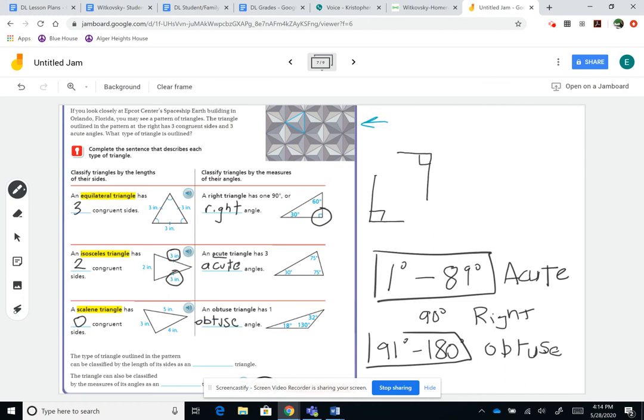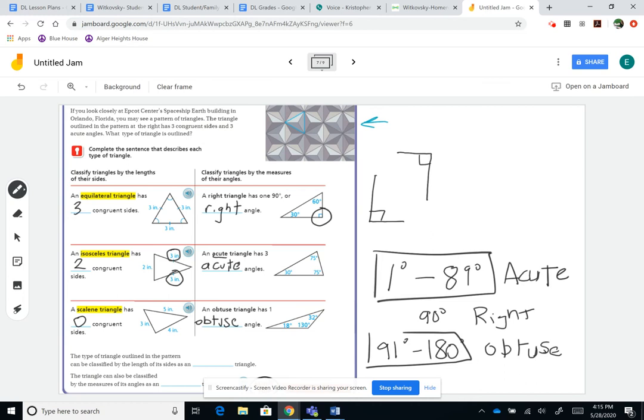So if you look down at the bottom, we're gonna go back to the triangle that is in the Epcot Center's Spaceship Earth building. The type of triangle outlined in the pattern can be classified by the length of its sides as a blank triangle. Which one do you think it is? Look carefully at it. And it's going to be one of the 6: equilateral, isosceles, scalene, right triangle, acute triangle, obtuse angle.